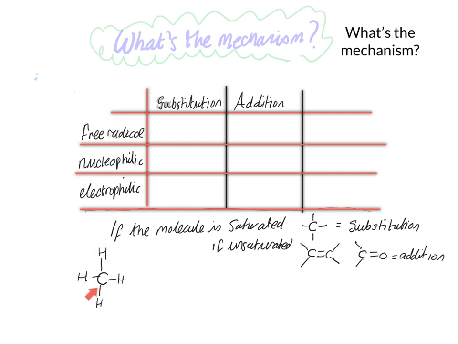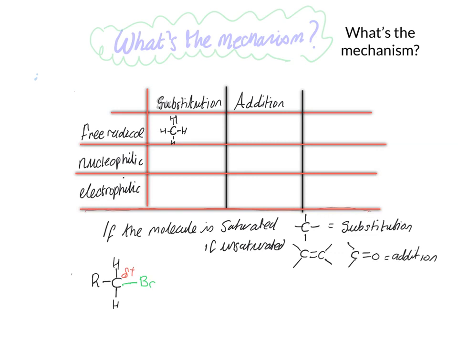It can also only undergo substitution reactions because it's saturated. When you have an electronegative atom like a halogen, as in the halogenoalkanes, the carbon is electron deficient, and therefore it's going to be attacked by nucleophiles. Because it's saturated, it's going to undergo substitution.